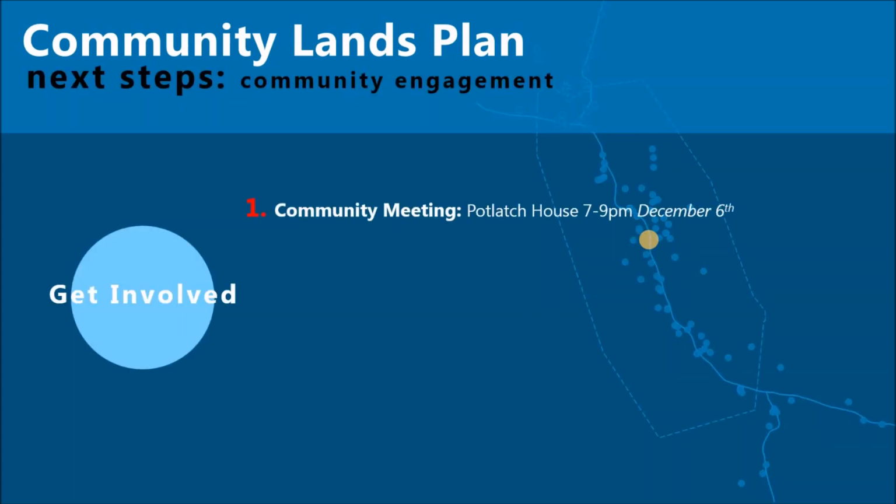And here is the engagement schedule. On the 6th of December, we held a community meeting, and that will be followed on the 8th of December by a lands tour. So we'll be taking vehicles and touring some of Kwalendon's settlement land within the city of Whitehorse.